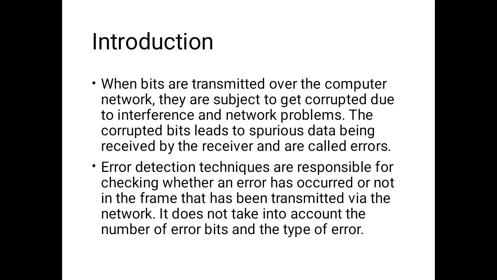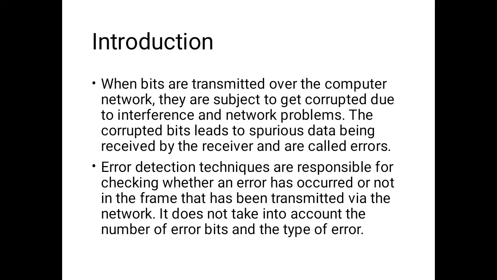The corrupted bits, that means the bits which have errors or which are wrongly transmitted, lead to spurious data, that means scrambled data, being received by the receiver, and those are called errors.